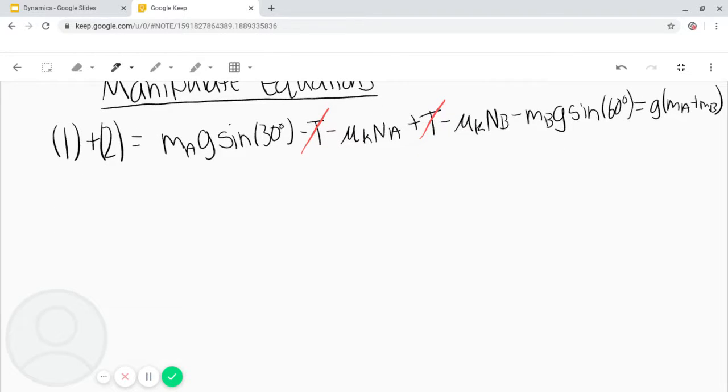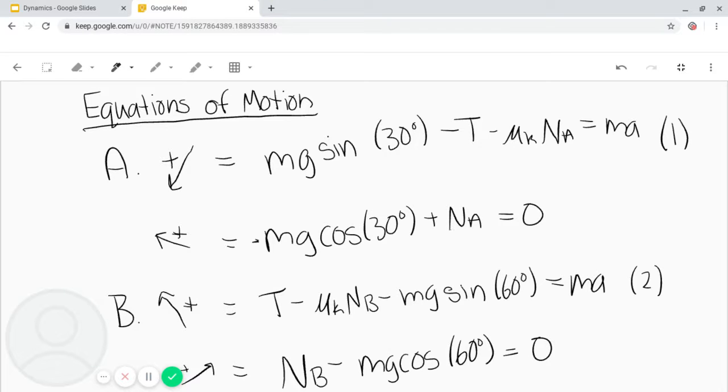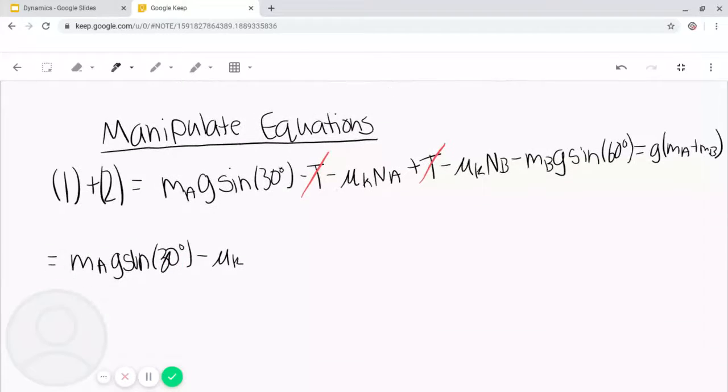And then I'll just write this out. And then N_A we can get from this equation. So if we bring this part over, then we have N_A is equal to m_A g cos 30, and then minus mu_k.